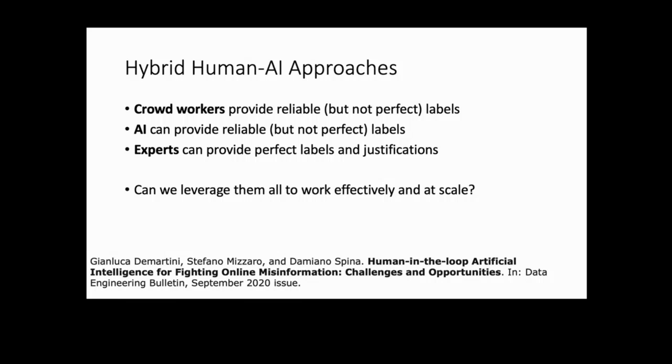And we have seen that experts also provide, very inefficiently, high quality labels and explanations of why they provide such labels. So another question is, how do we combine all these different agents together in order to build a hybrid system that gets the best out of all these things: the scale of human annotation, the speed and efficiency of machines, the quality and accuracy of expert scrutiny of the data.